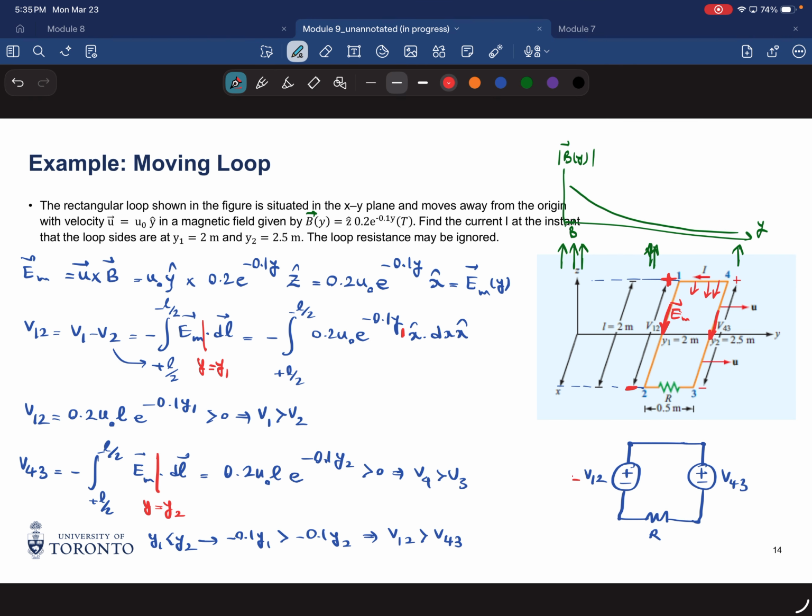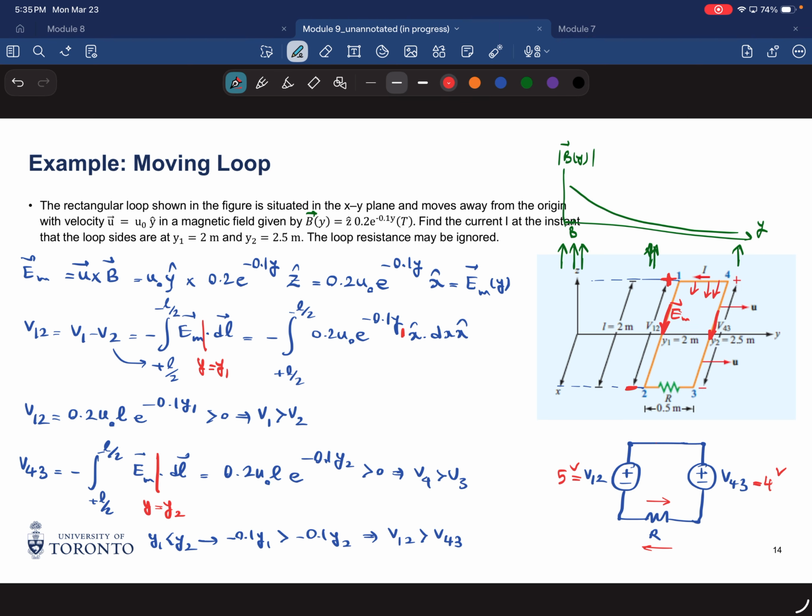So let's just do an example. Imagine this is 5 volt, this is 4 volt. Now tell me, what is the direction here? Is it going this way or this way? The current. This way? Okay.